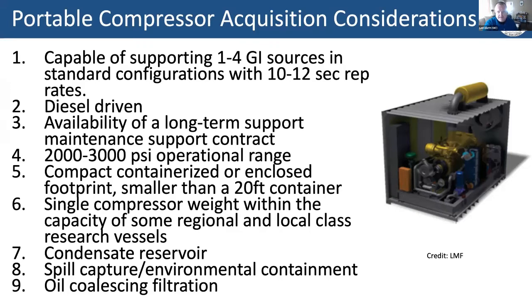We need to be able to get these on smaller vessels. We need to be able to deal with the environmental issues, so condensate, spill capture, filtration. So these are criteria that we put together to assess potential portable compressors. So that's where we're at with that, and we're hoping to continue that effort.